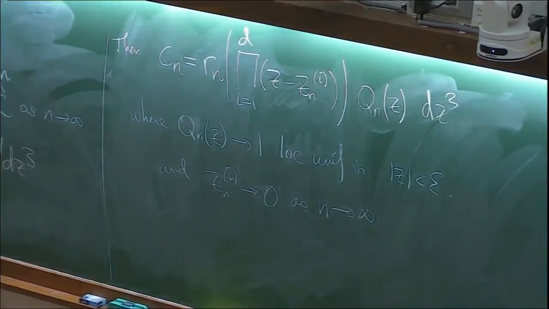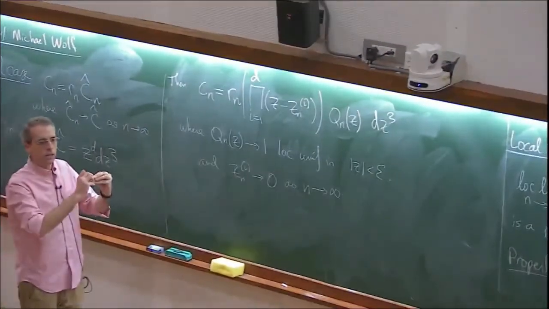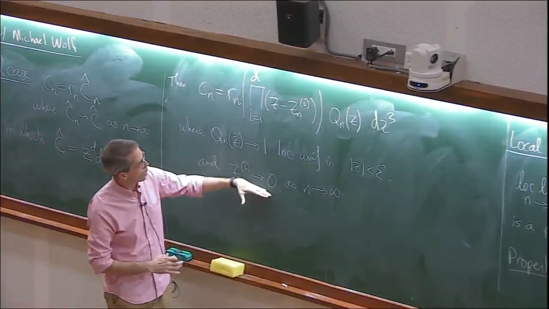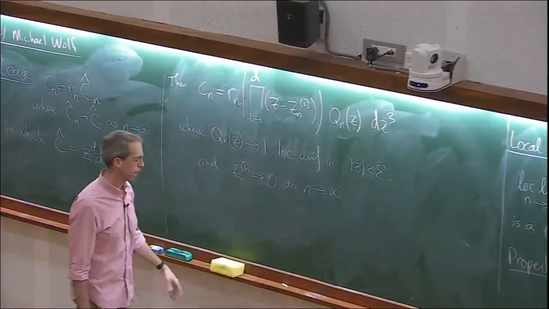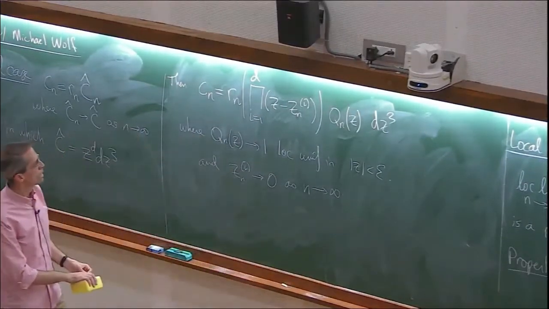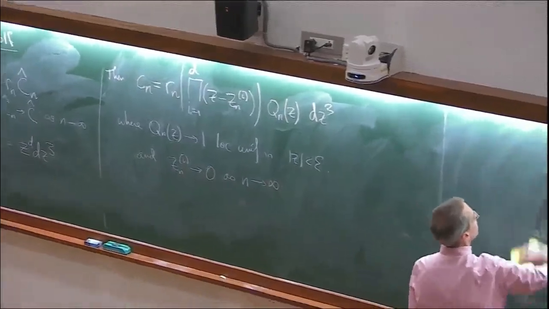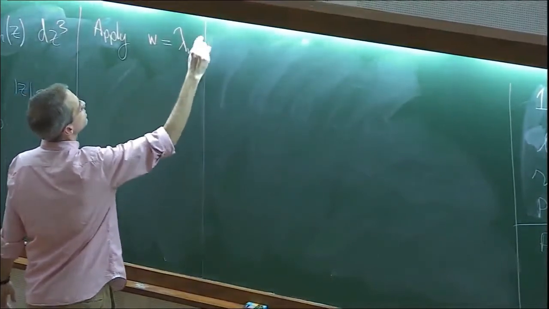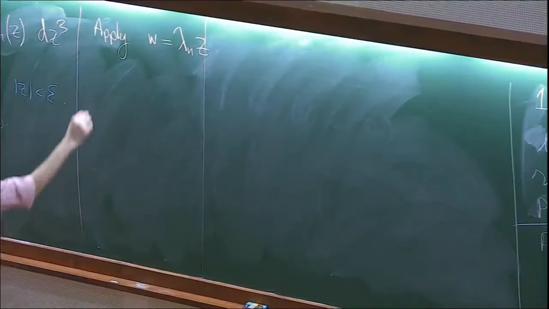So what we see when we back off from n equals infinity, where you just have z to the d, and you back up to some finite n, now the zeros, there are d of them. They're all near the origin, but not exactly at the origin. And then there's also some holomorphic function Qn of z that you can't control so much. That's what Cn looks like. Let's apply the same dilation trick. Let's apply dilation where W is lambda n times z. So the first thing we could do is try what worked last time.